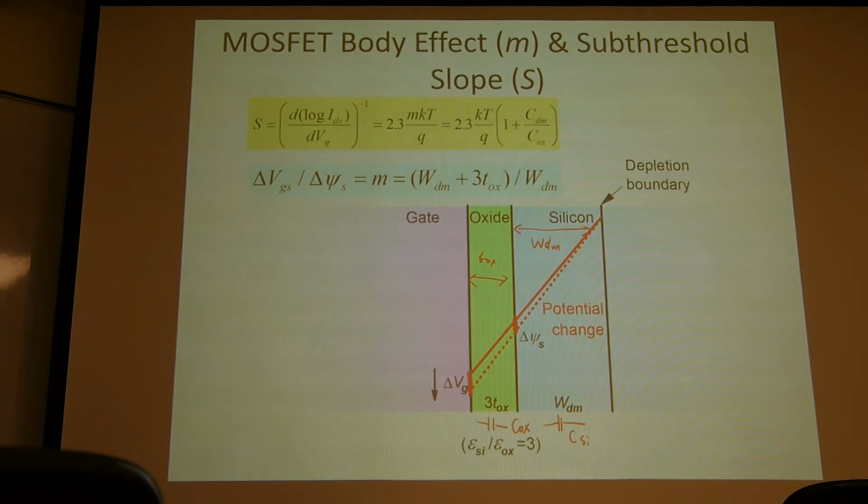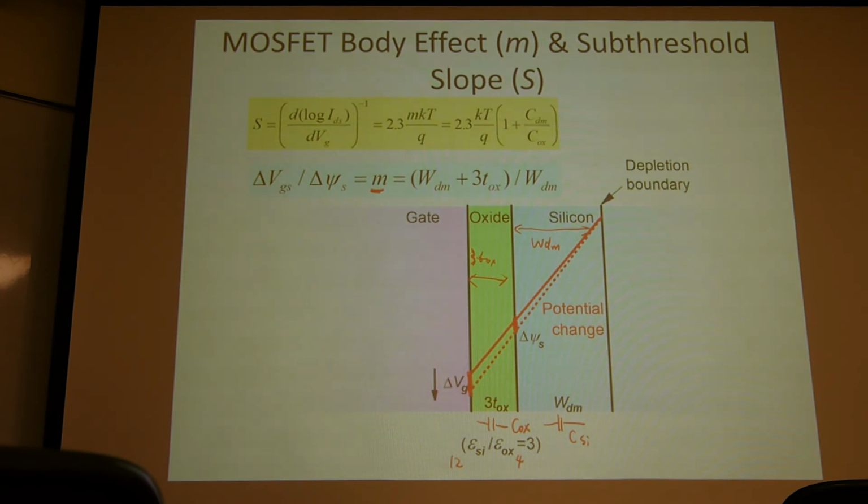And then for the silicon and silicon dioxide, there is a ratio because silicon oxide is 4 and the silicon is 12. So there is a 3 ratio. So here we times effectively the oxide is 3 times thicker, effectively. So that's why you have this factor of the m, this body factor, is the thickness ratio here.